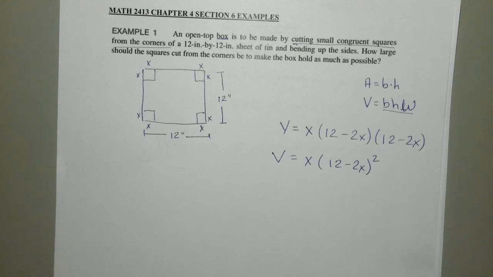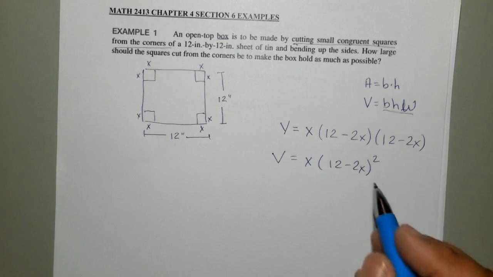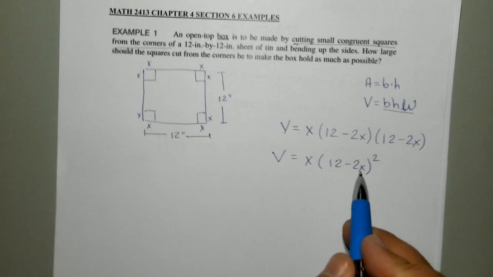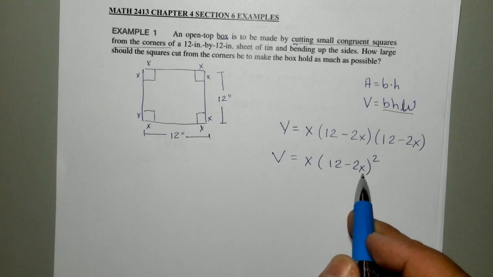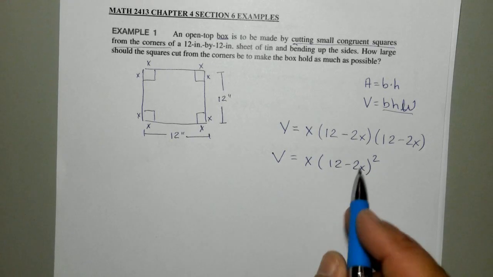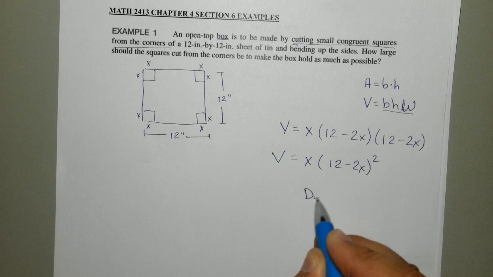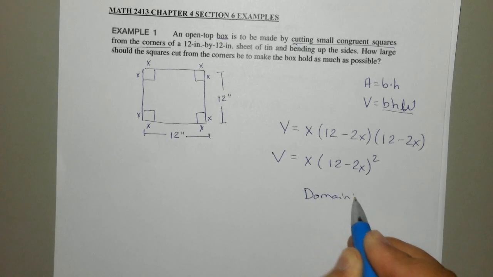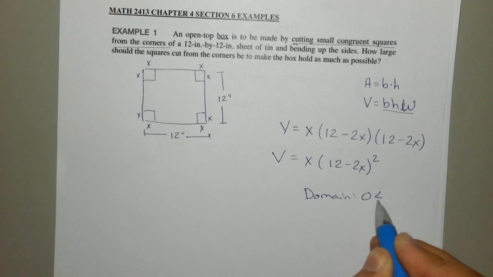Do we have a domain that we have to stay within? Well, 12. Remember, domain is the x values. Can we put 12 in here? Yeah, so the domain can be anywhere from 0.